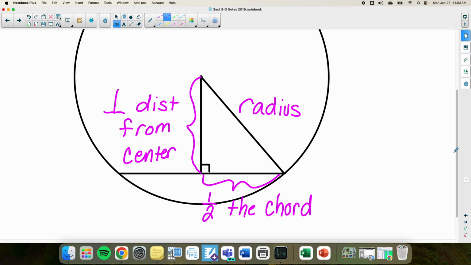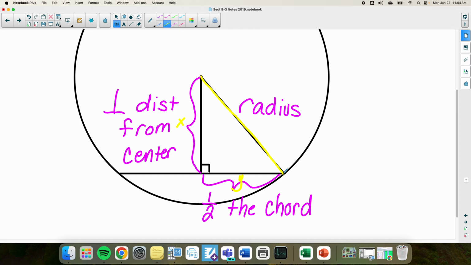So there's gonna be times that they tell you that they have a radius of a circle, and they will ask you to find either this distance right here, or they'd ask you to find this distance, okay? Now, here's the deal. When they give you a radius for these problems, you put the radius right here.